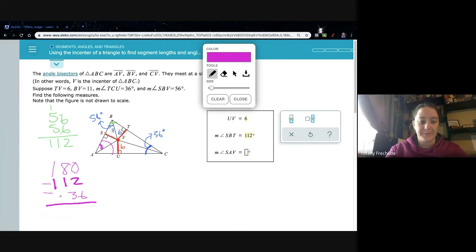All right, so I want to subtract the two angles that I have to see what I have left. Most students prefer to just subtract once. So we have 180 minus 148. I'm going to borrow, and we get 32 degrees for the whole thing.